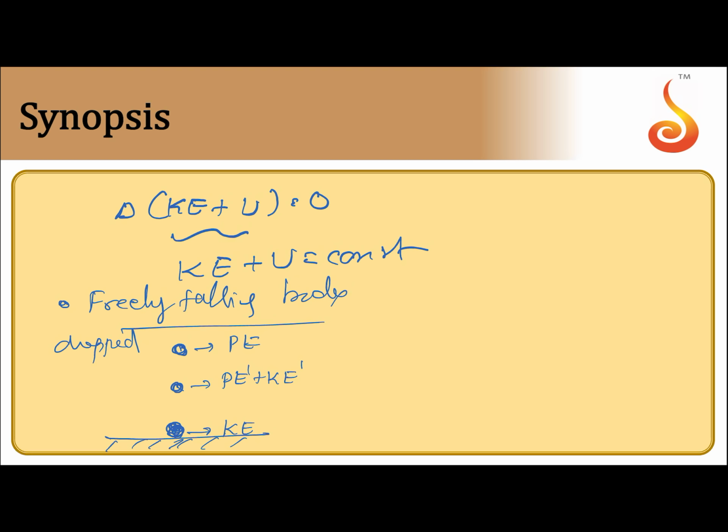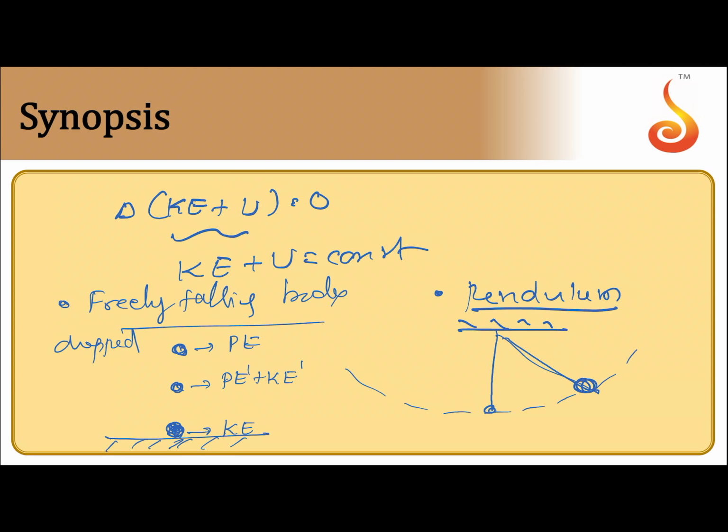Or if I consider, say, a pendulum. An oscillating pendulum, it is released from, say, the extreme position, assume. So, here it is just the potential energy and the kinetic energy becomes 0.